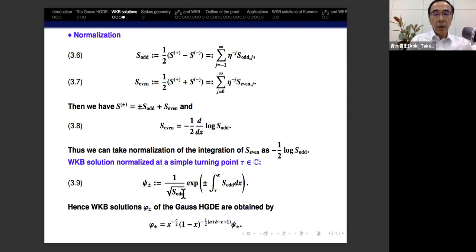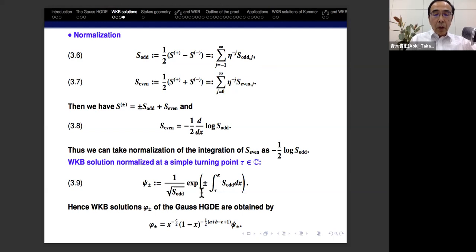That is, the factor 1 over square root S odd comes from this normalization of the integration of S even, and this part is understood as a half of the contour integral starting from x and going around the simple turning point tau and going back to x.